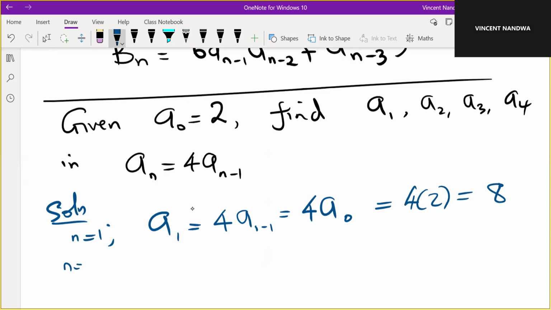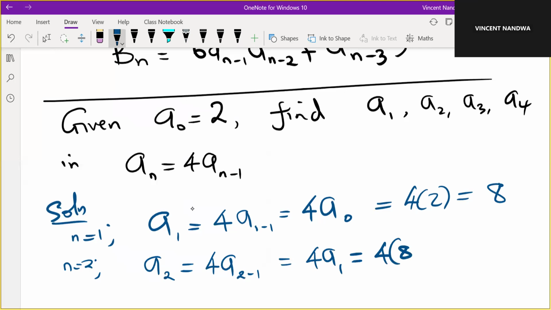Then when n is 2, I'll have a_2 equals 4 a_{2-1}. So 2 minus 1 is 1. So this will be 4 times 8, because we have a_1 from the previous step, correct? So what is 4 times 8?